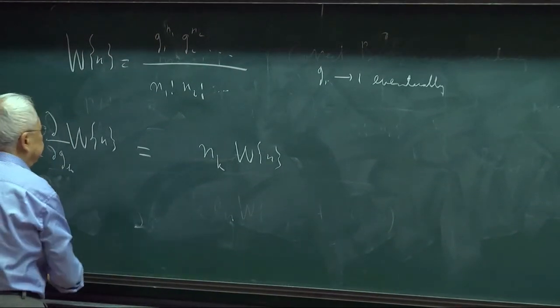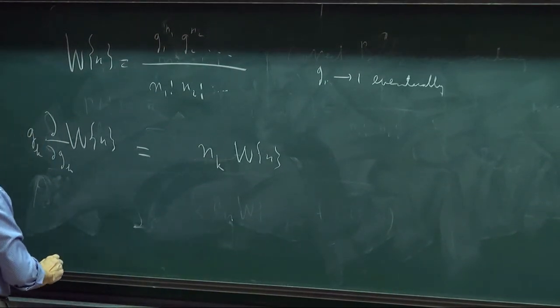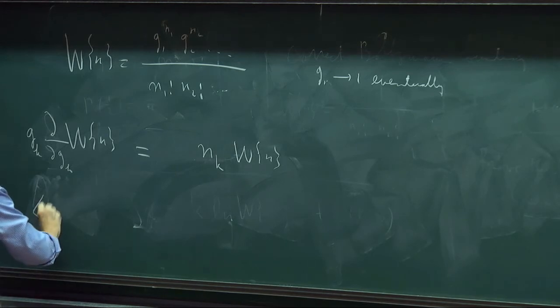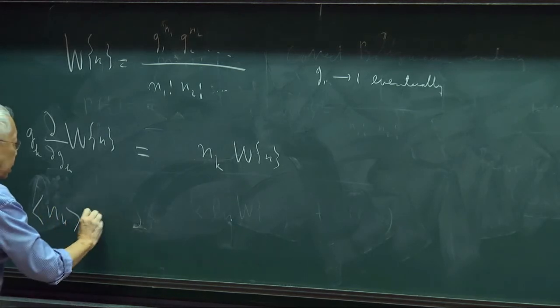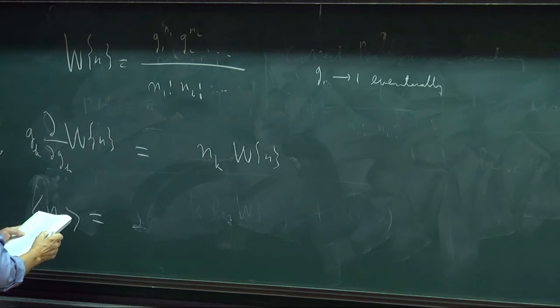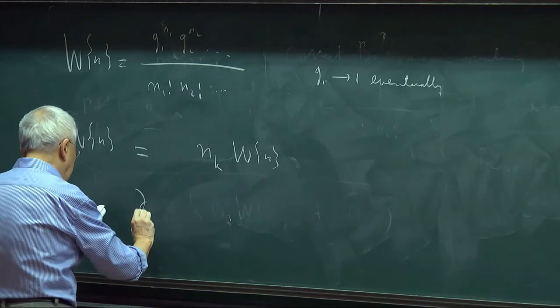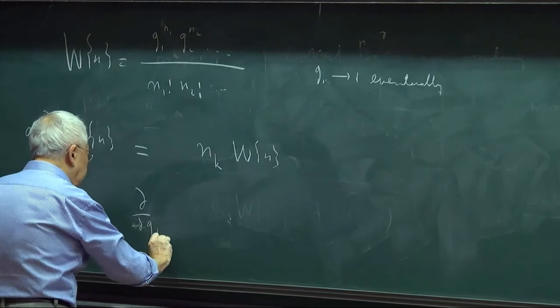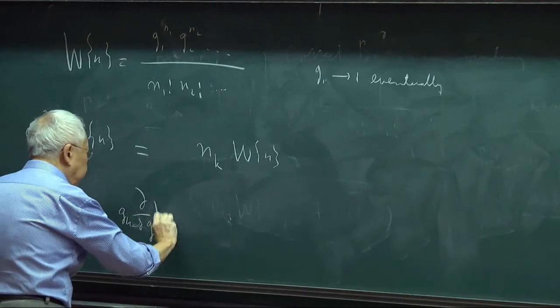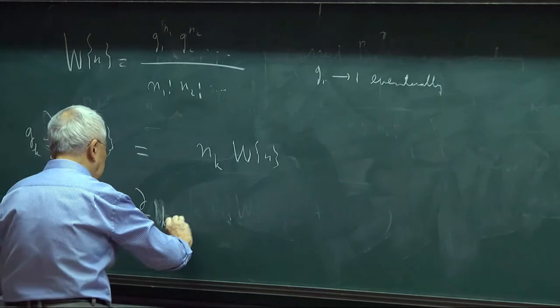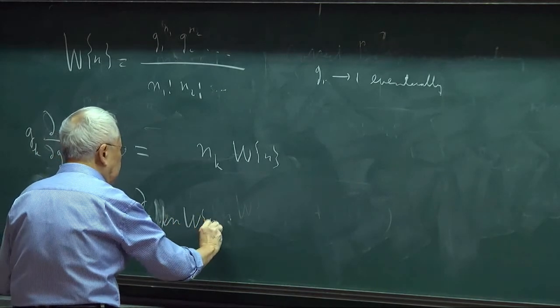And therefore, average nk is just equal to the d by d nu k of log W of n.